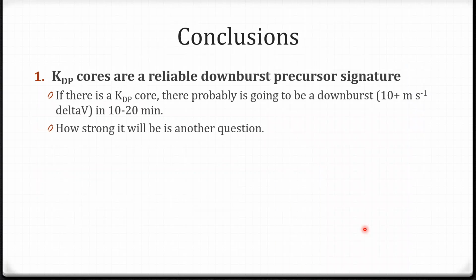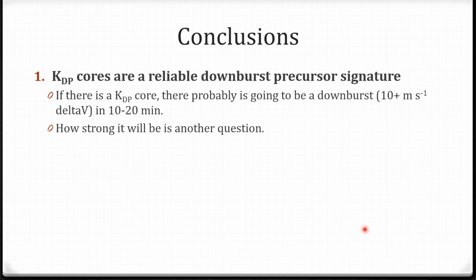So I'm going to hit you with the 3 big conclusions to start with, and then we'll dive into a little bit more detail on each of those conclusions. Through our analysis, we think that KDP cores are a relatively reliable downburst precursor signature. What that means is if there's a KDP core, there's probably going to be a downburst in the next 10 to 20 minutes.